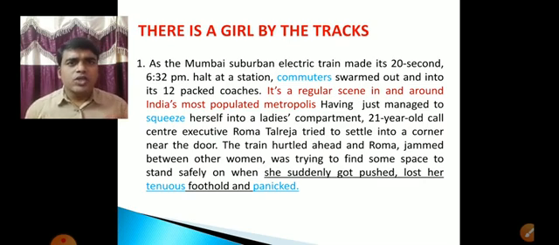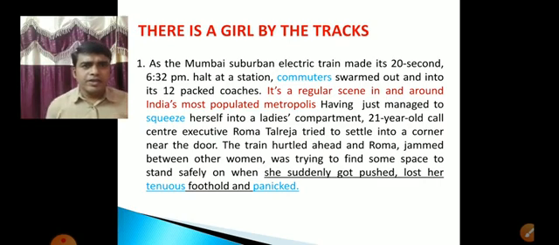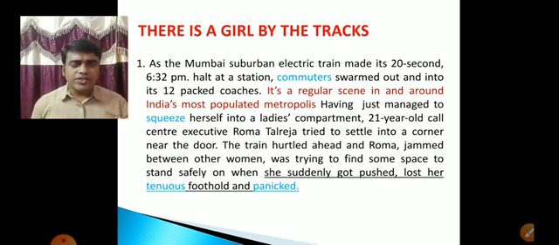Got it? So, see here, children, I repeat again. What is the regular scene here? The people getting into the train, and some people getting down from the train, from the fully packed trains. Fully packed in the sense, with a heavy rush. That is the common scene in India.